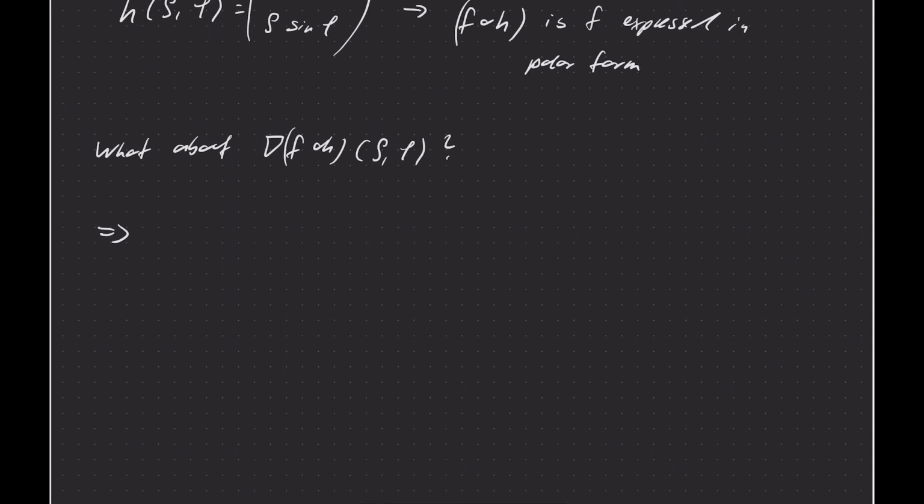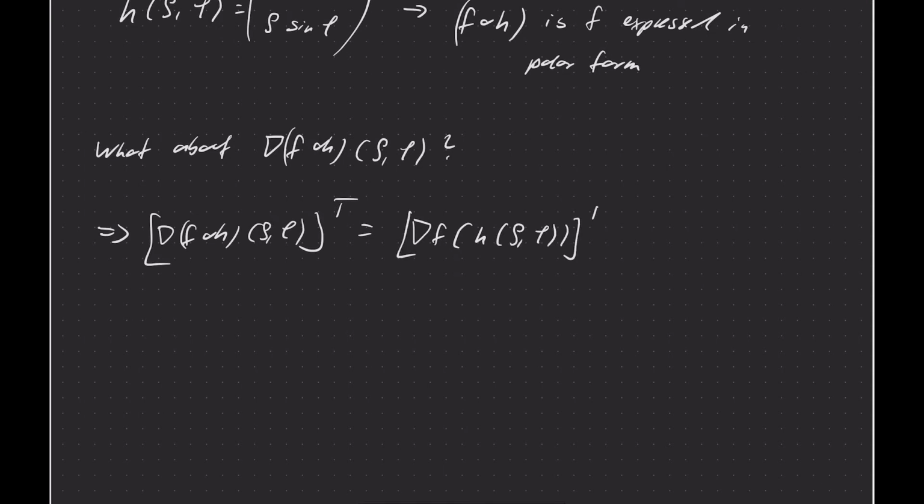So this gradient, or the transpose of that gradient rather, is equal to the gradient of f evaluated at h of rho and phi, transposed, times, now we need to differentiate the inner function, the Jacobi matrix of h evaluated at rho and phi.